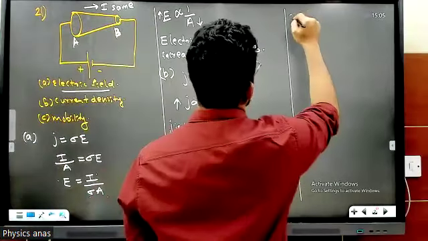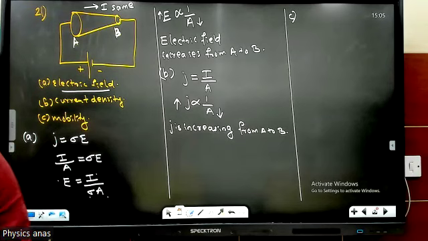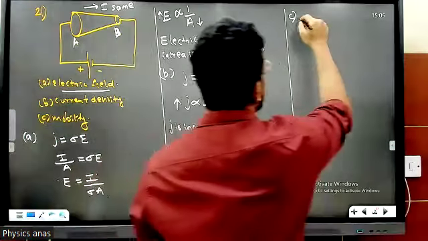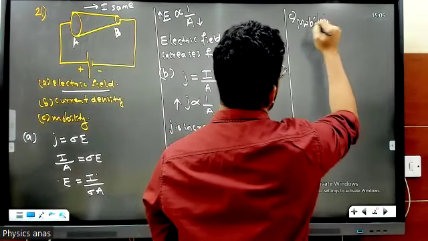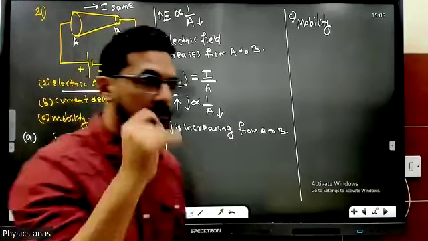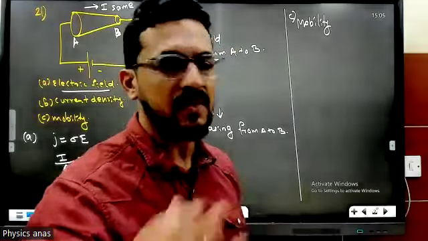And the third answer: what about the mobility? What is the equation for mobility? Mobility of a charge carrier is the average drift velocity acquired by that charge carrier in the presence of unit electric field. Do you remember?